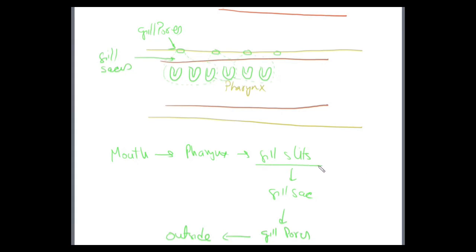As the gill slits have vascularization, oxygenation takes place. So this is the simple respiratory system of the balanoglossus. Thank you.